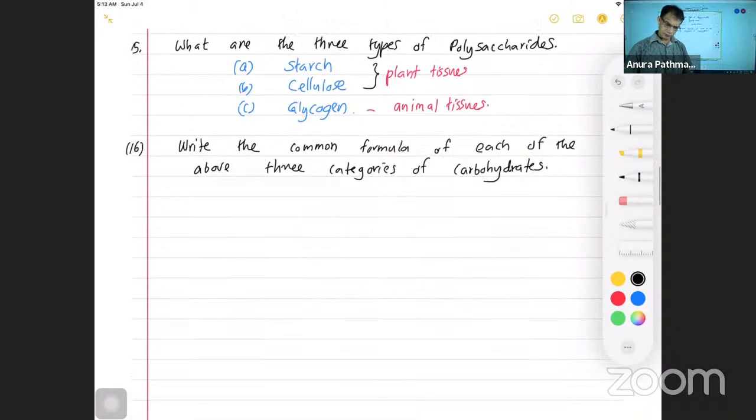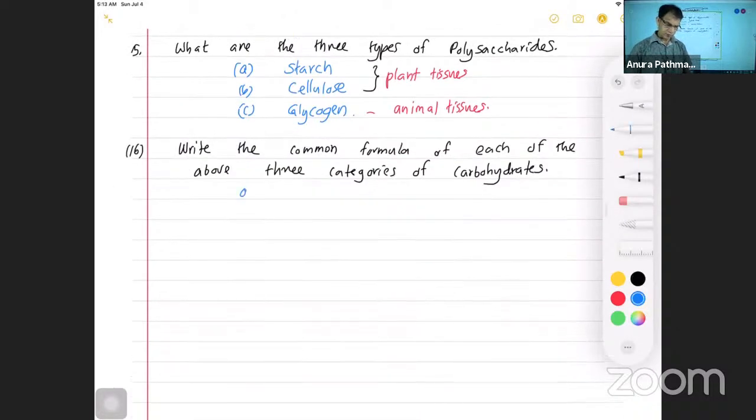Okay, the first one, monosaccharide. Monosaccharides.